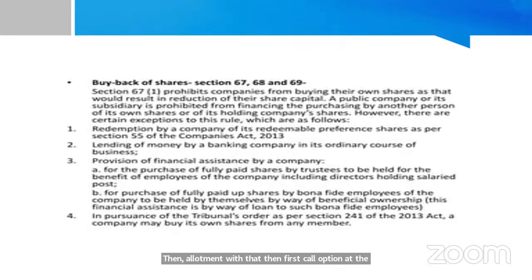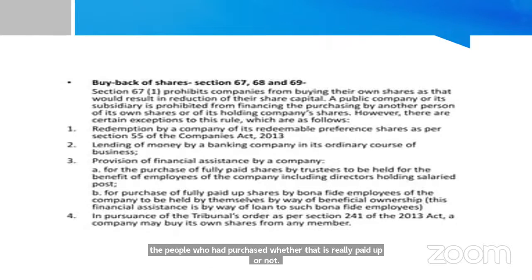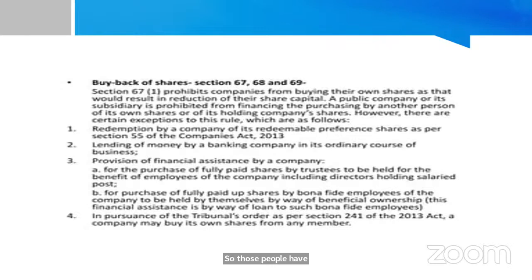That is during your IPOs. लेकिन हम लोग जो शेयर खरीदते हैं, those shares have already been issued, fully paid up, and they are being traded. So the people who had purchased, whether that is fully paid up or not, they are selling, and we are rebuying those shares. So that is in the secondary market.